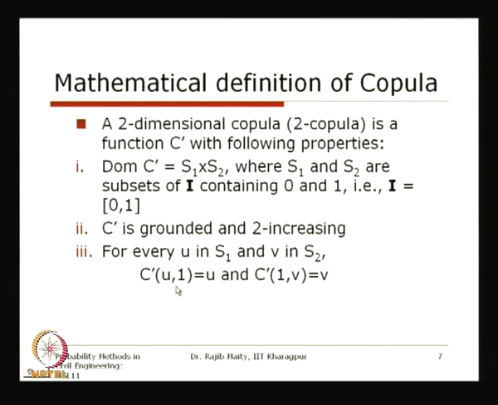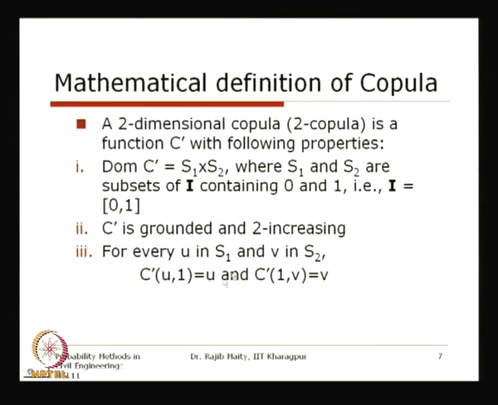That means when the other variable reaches its maximum, that is 1, the value of this function should be equal to the value of the other attribute. Similarly, when u reaches the maximum value 1, the value of this function should be v. So these are the properties.